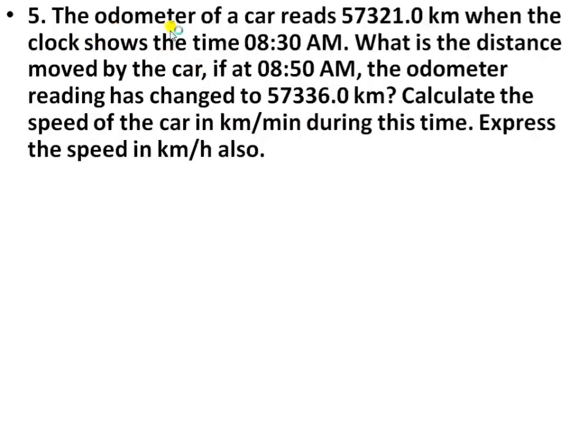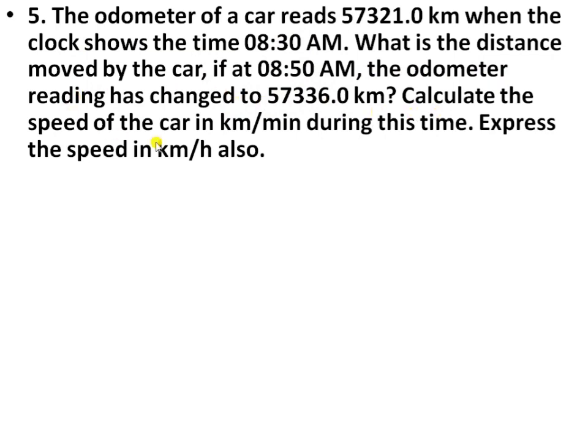Next question is: the odometer of a car reads 57,321 km when the clock shows the time is 8:30 am. What is the distance moved by the car if at the time 8:50 am the odometer reading has changed to 57,336?